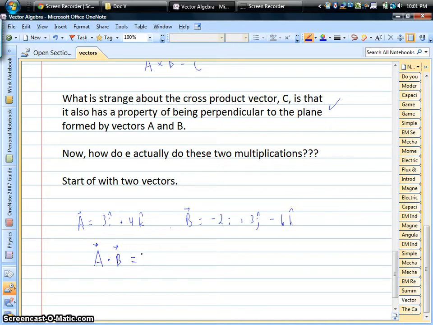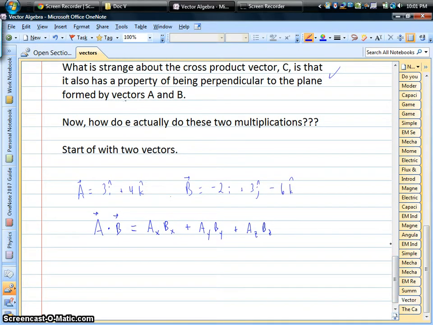If you know the two vector components, the general formula is you take the two x components of your two vectors, multiply those, then you add the product of the two y components, and the same thing if they happen to have three-dimensional z components, you multiply those two together of your two vectors. So in this case, if this is what we're given in a problem, this is the version of the dot product that we'd want to use.